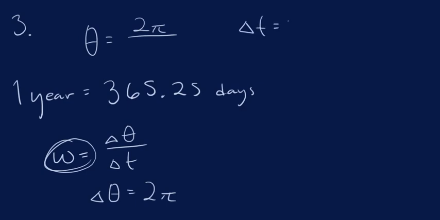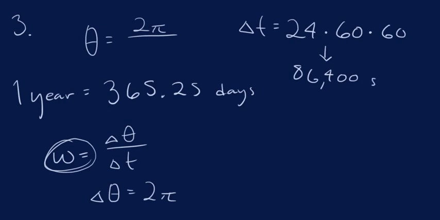So 24 hours times 60 minutes times 60 seconds. And all of that will give you, I believe, 86,400 seconds.